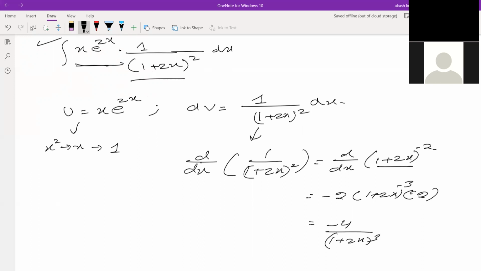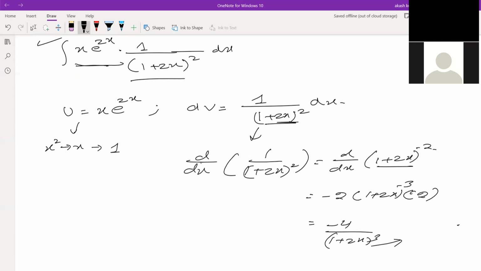So the power from 1 plus 2x whole square to 1 plus 2x whole cube has actually increased. If I differentiate it again, it's going to be power 4, power 5, power 6. The function is not reducible, it is increasing in the power. So I can't choose u as 1 over 1 plus 2x whole square.